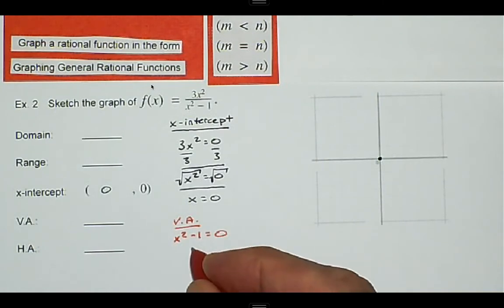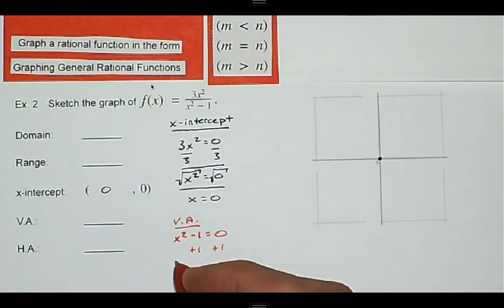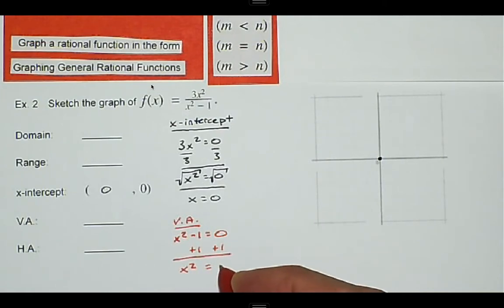So we want to solve that. So we add 1 to both sides, and we get x squared is equal to 1. And then we can take the square root, and we get x is equal to plus or minus 1.